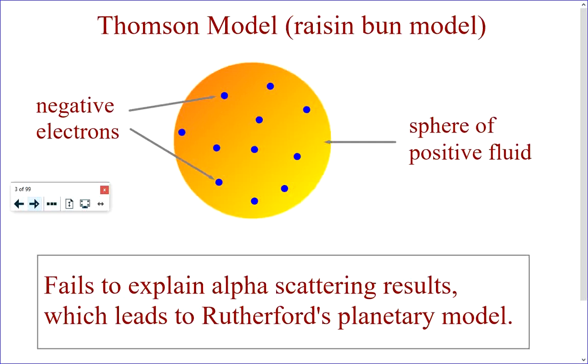The only way this model can make sense is if you have not a solid, crunchy sphere, but a globule of stuff. It's very low density. And the reason it has to be positive is that these negative particles, which are very, very tiny, are negative. Atoms are neutral, so you need a positive part of the atom, and that's the bulk of the atom. But it fails to explain alpha scattering experiments, which we talked about yesterday.